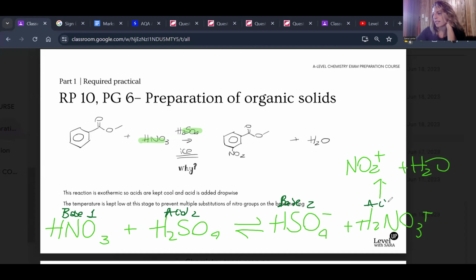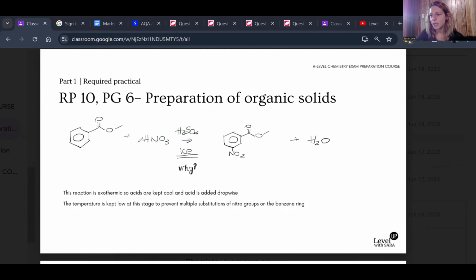H2NO3 plus, of course, is going to be our acid one. Remember, little questions of all of the physical chemistry can still come up, okay? Anyway, let's take a step back and talk about just organic chemistry. Did you recognize the type of mechanism? We have substitution, but it's benzene, so it's electrophilic substitution.